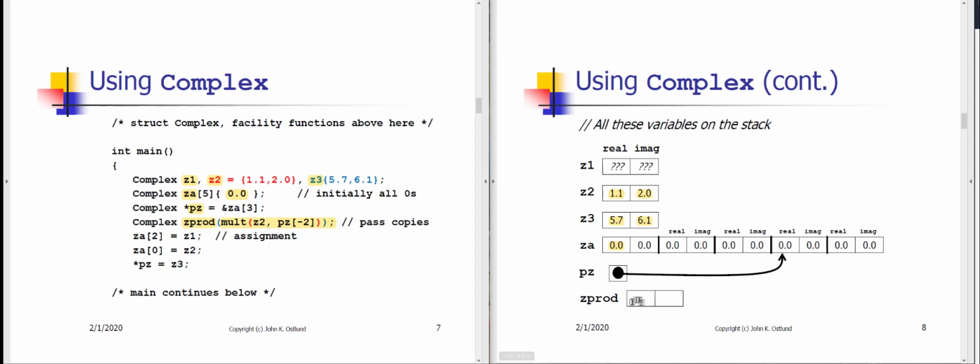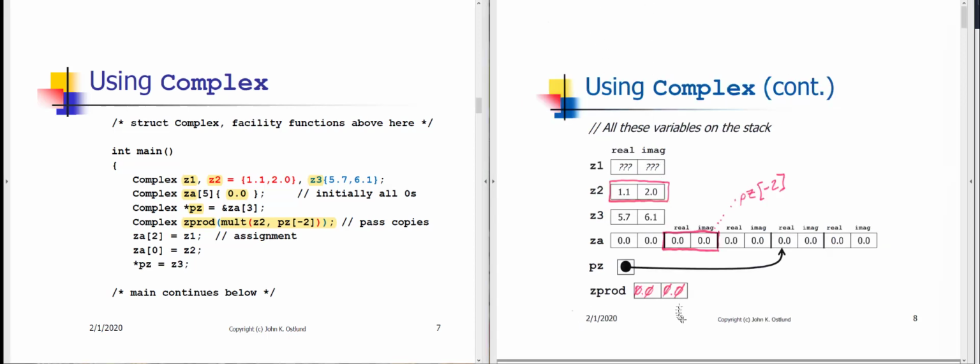So I can conveniently fill in a 0 and a 0 for the real and imaginary parts of zprod. That's what's shown here. As arguments to the mult function, we're passing in a copy of z2 as the first argument, and a copy of pz sub minus 2 as the second argument, and that's conveniently computing the product of 0, which becomes the initial value for zprod.